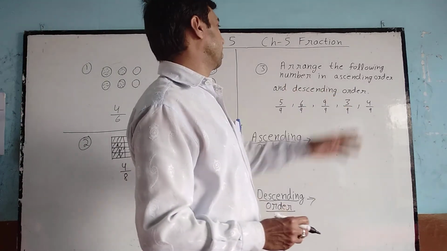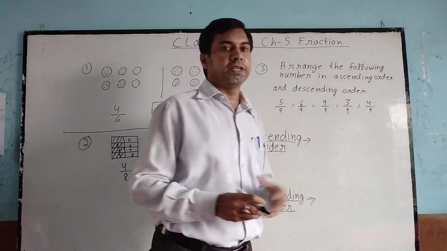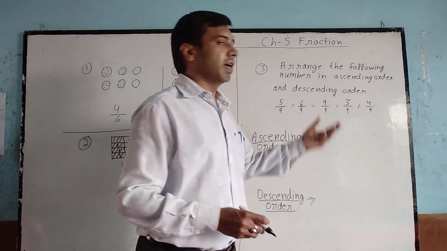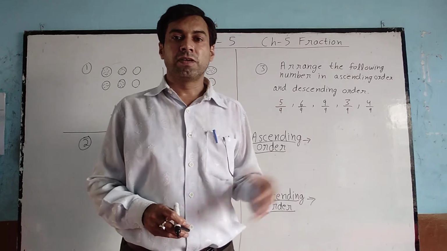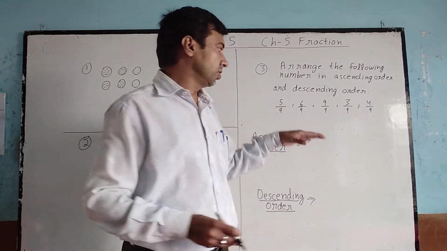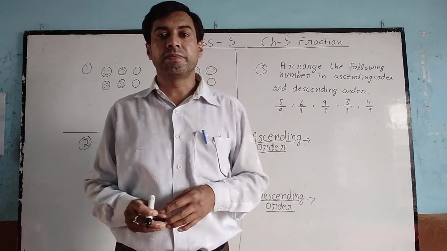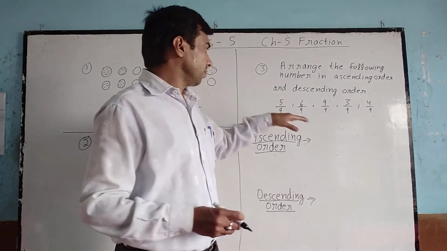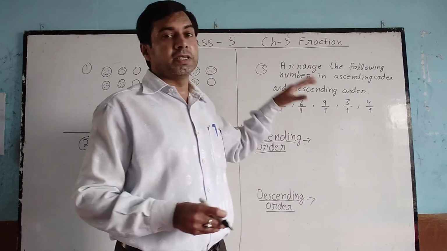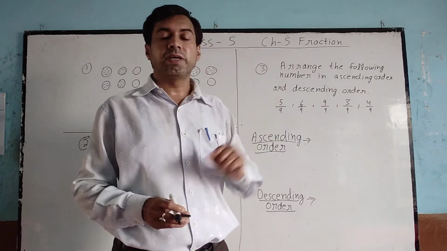Now student, arrange the following numbers in ascending and descending order. Here like fractions are given, student. Like fraction means whose denominator is same and numerator is different. So the smaller numerator is the smaller fraction, the bigger numerator the bigger fraction.